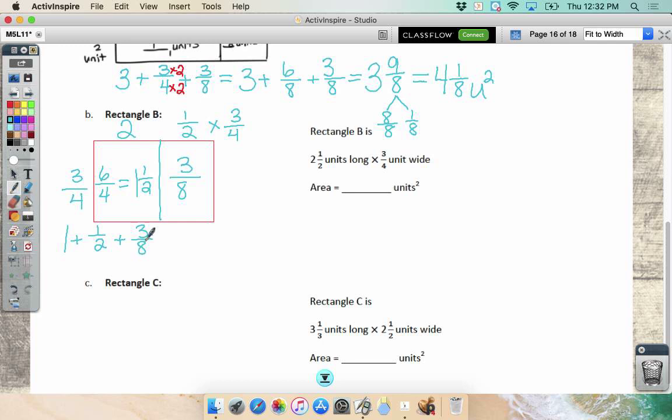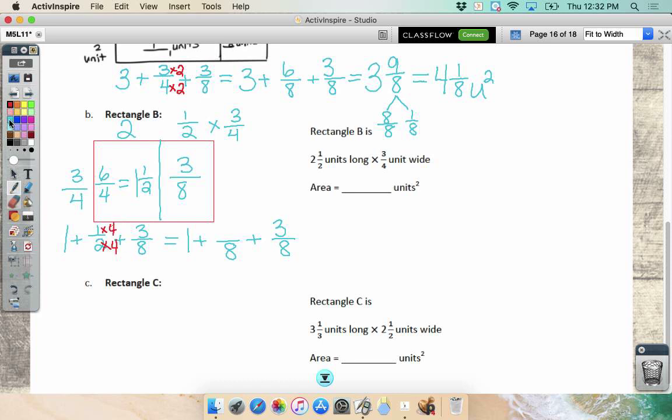Okay, so I'm going to add a 1 to my answer. You with me? Yep. So I've got 1 plus, and then I've got to find a common denominator for 2 and 8. 8. Same as before. So I'll keep the 3/8. 2 times what? 4.